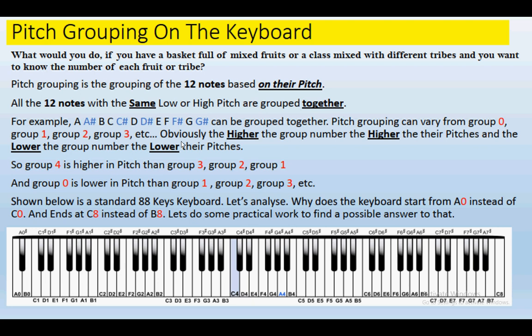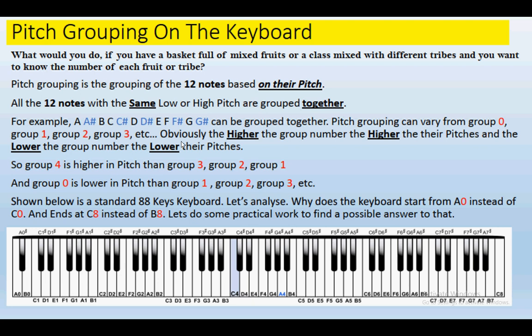But don't forget, pitch grouping is all about grouping the pitches in groups, from 0 to 8. Group 8 is higher than 7, 7 is higher than 6, 6 is higher than 5.